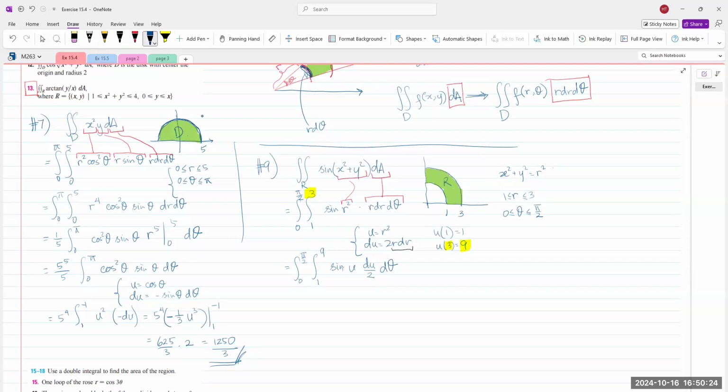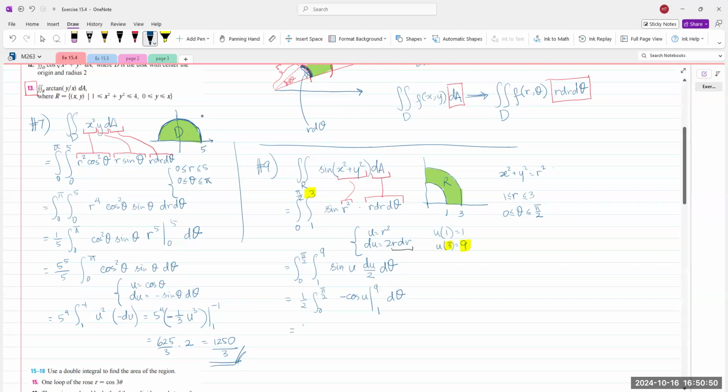Now integrating it, the integral of sine is negative cosine, so I pull the 1/2 out. That's negative cosine u from 1 to 9, d theta. Actually, it's a rectangle and the integrand is independent of theta, so that will just be the length of the interval.